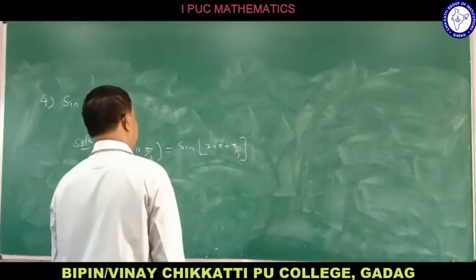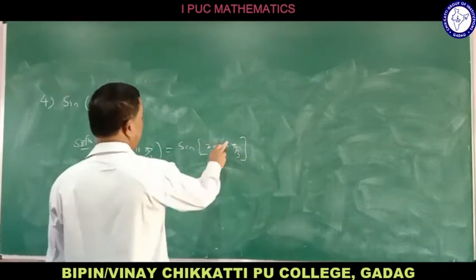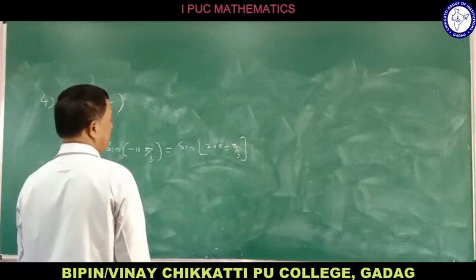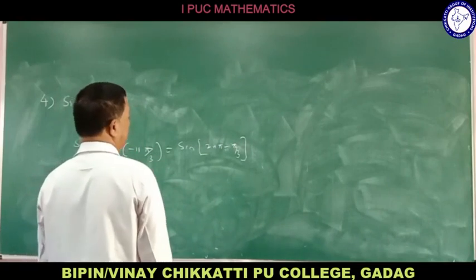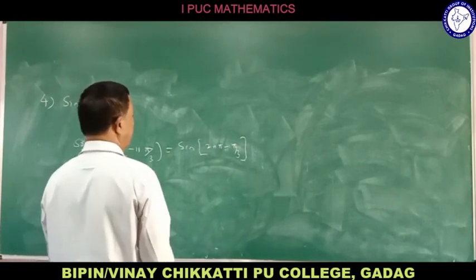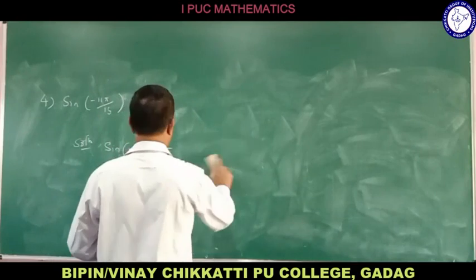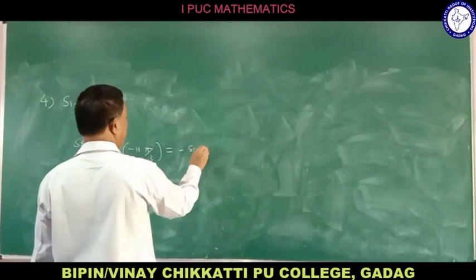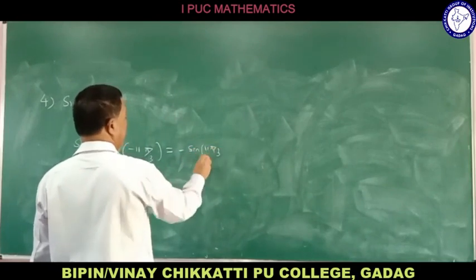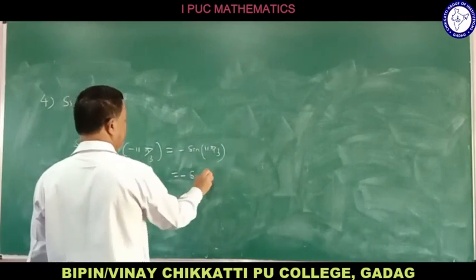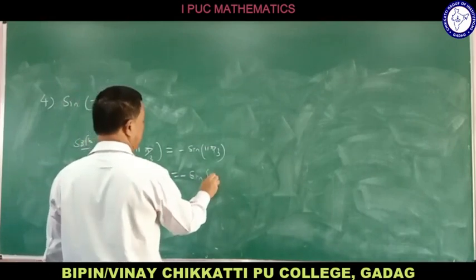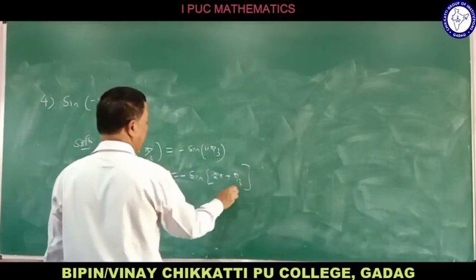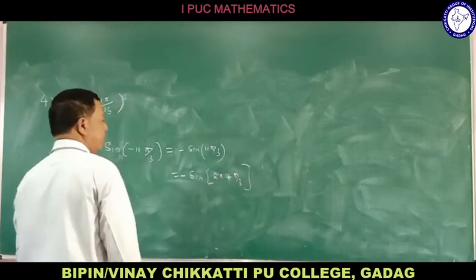So whatever the value, you will see that, and you can write this minus pi by 3, and you will get it minus, then only it is possible, and accordingly you can see the result. So when you see this result directly, the formula you know, sine of minus x is minus sine x, so minus sine of 11 pi by 3, and this is minus sine of 2 pi plus pi by 3, and you can see this result.